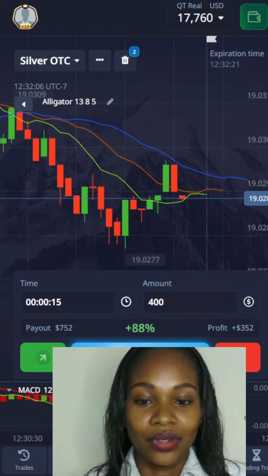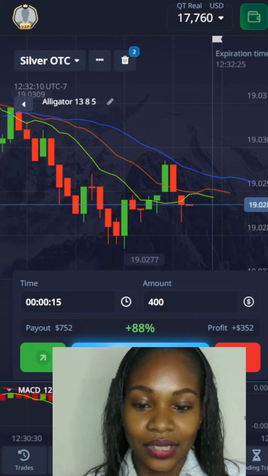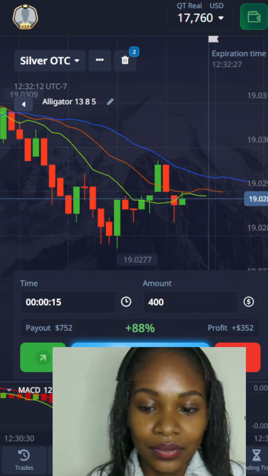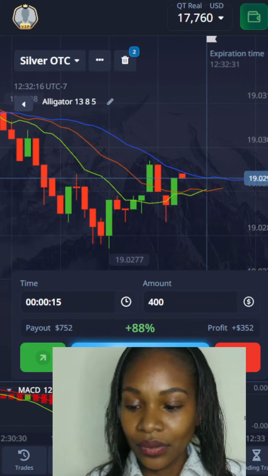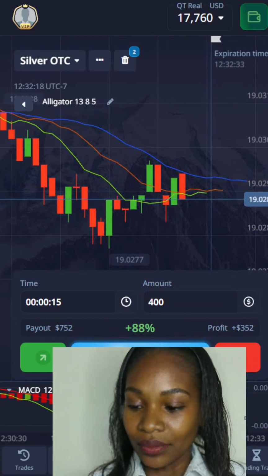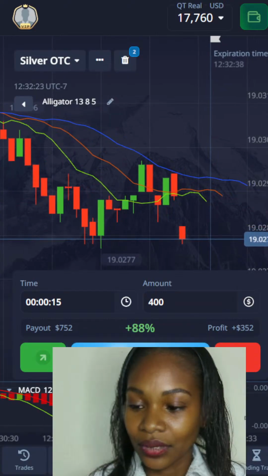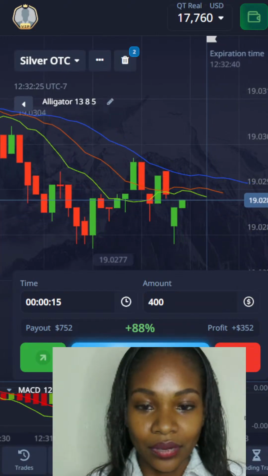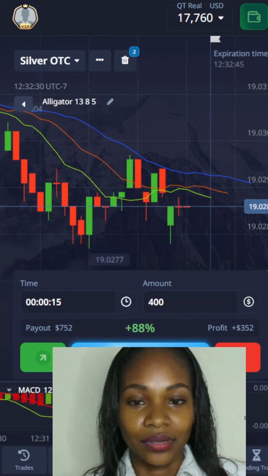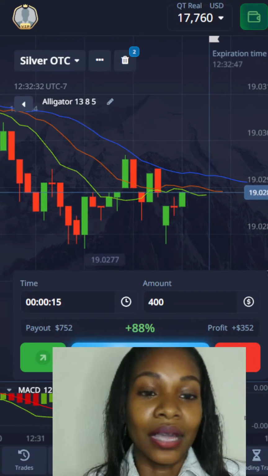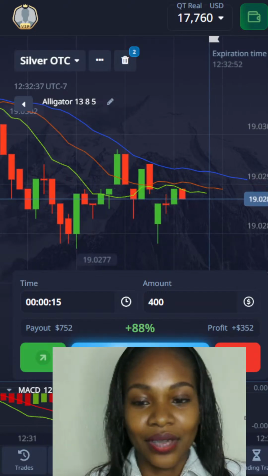Over here, you are seeing the alligator indicator on my chart. Then I also have the MACD indicator. Those two are also helping me in my trading, but they're just backing up my strategy. Actually, I can use just my strategy and have my trades. Okay.